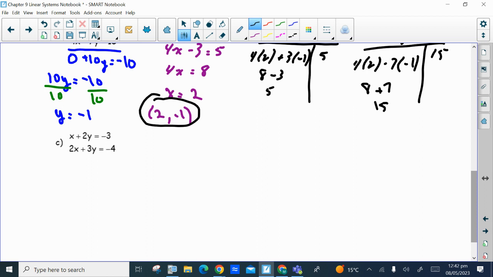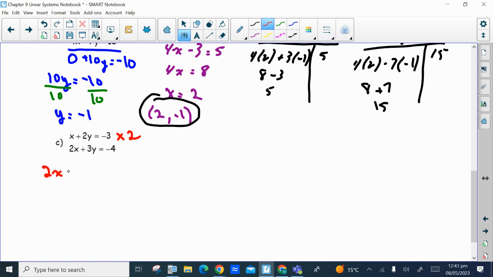Okay, so in this case, we're going to have to do one extra step, an initial step, before we can add or subtract. And what I'm going to do here is multiply the entire equation by 2, because that'll give me a 2x, which will line up with the 2x from the other equation, and then I can subtract. But I have to multiply all the terms by 2.